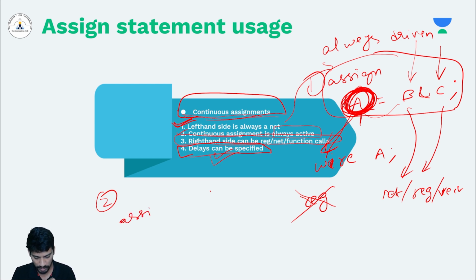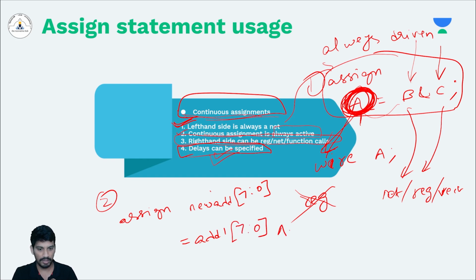I can assign my new address of, let's say, 8-bit is equals to my old address 1 of 8-bit XOR, this is an XOR operator, I will explain in next slide, XOR address 2 of 8-bit.